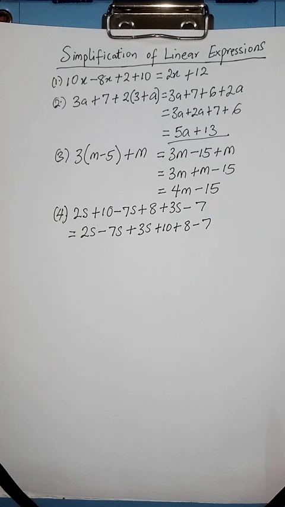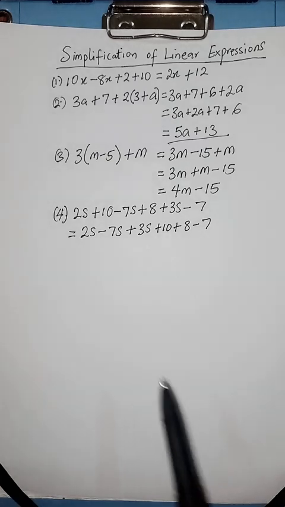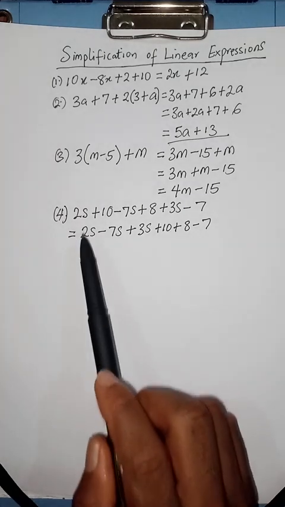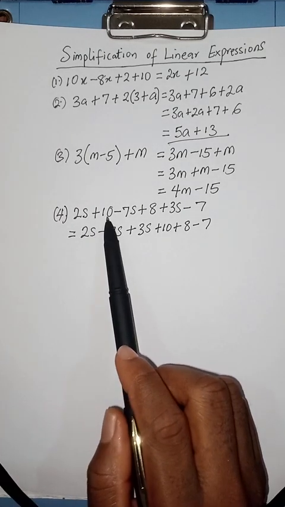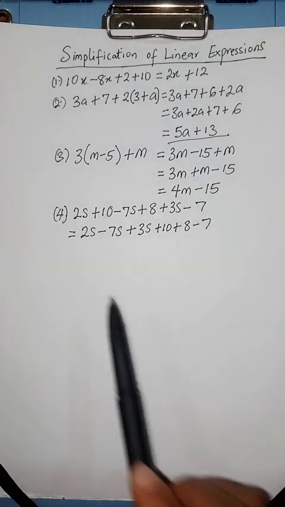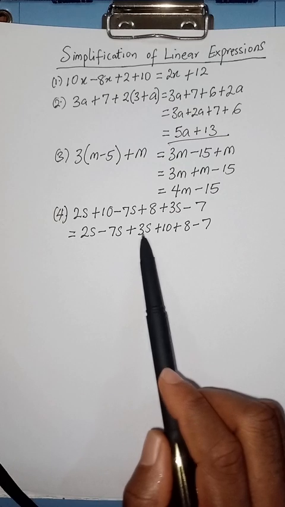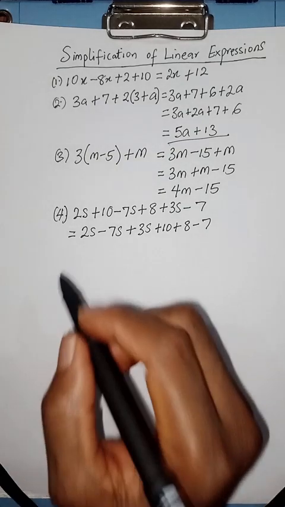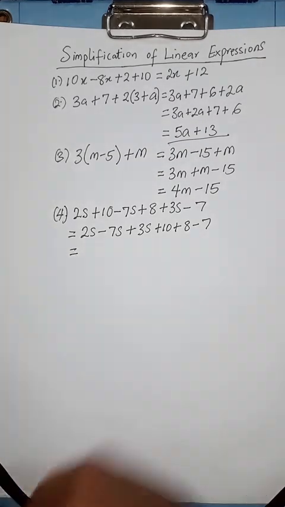And what I do to ensure that I do not make any mistake is to count my terms and make sure I did not omit anyone. 1, 2, 3, 4, 5, 6 terms. 1, 2, 3, 4, 5, 6 terms. So which means I have collected all the like terms.